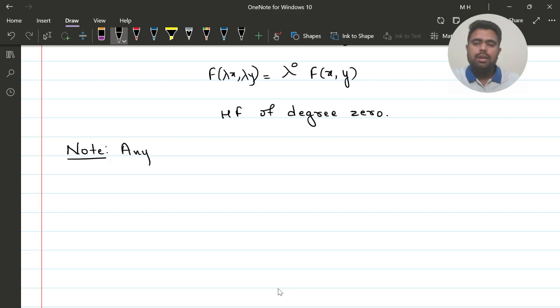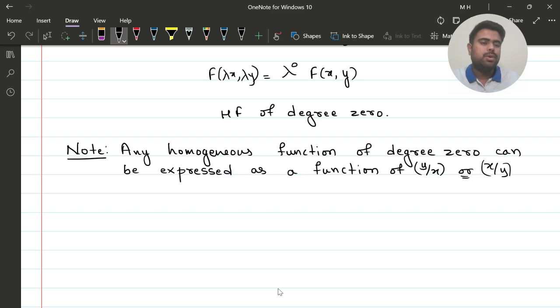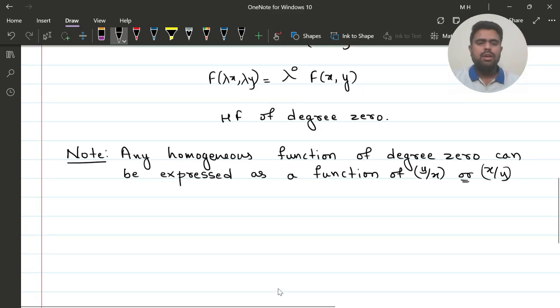Any homogeneous function of degree 0 can be expressed as a function of y by x or x by y. It is a very important property that we will be using. What is the property? Any homogeneous function f of x comma y of degree 0.